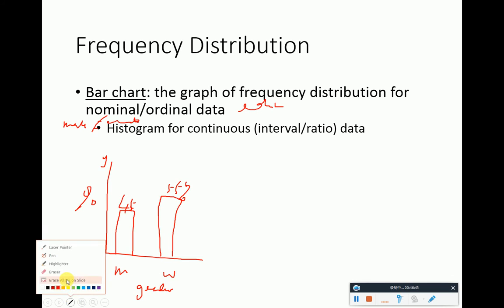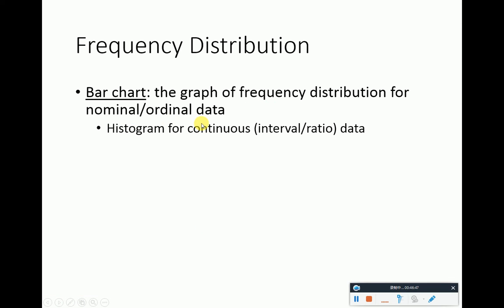But at the same time, we can also plot ordinal data. Ordinal data, we said, are just categorical variables, but ranked, right? Education is a very typical type of ordinal data.